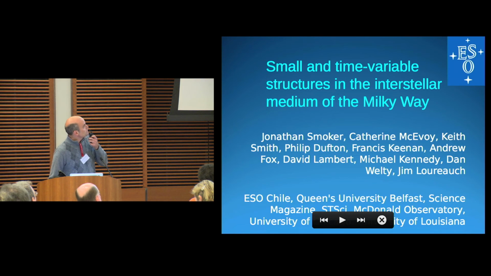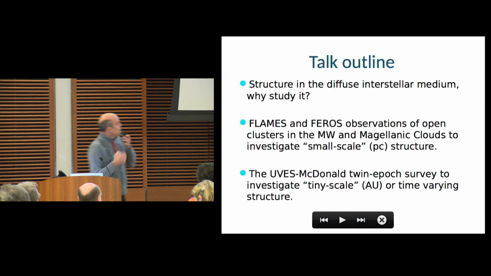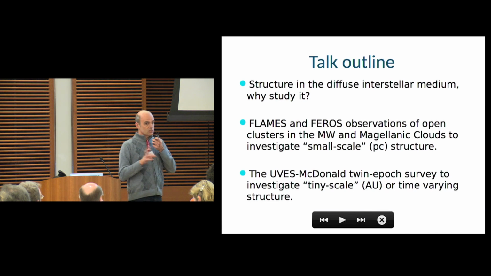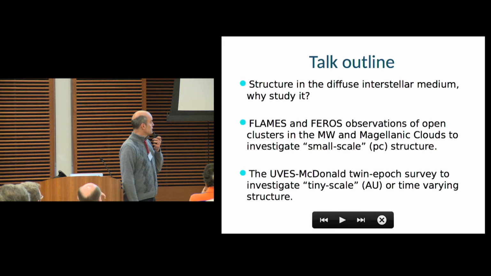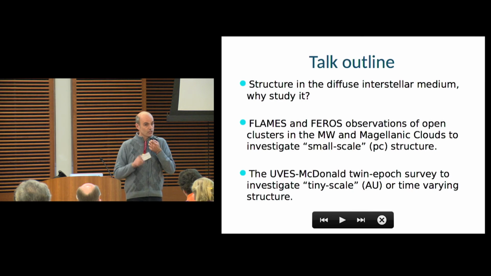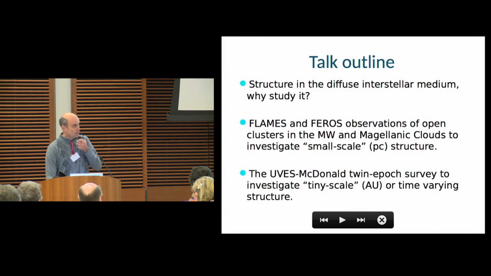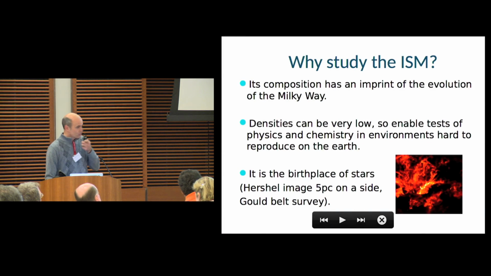First, I'll discuss the FLAMES-FEROS observations towards the Magellanic Clouds, where we looked for small scale structure by putting about 100 fibers towards O and B type stars in the LMC, and then I'll discuss a little bit about high resolution observations towards O and B type stars in the Milky Way. I'll skip the next slide, which is why we should study the ISM.